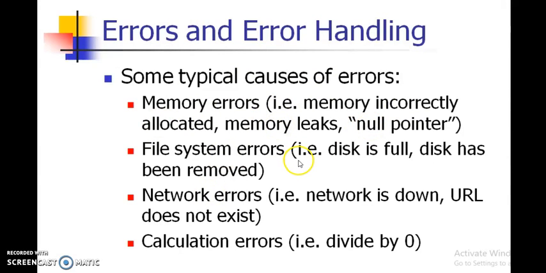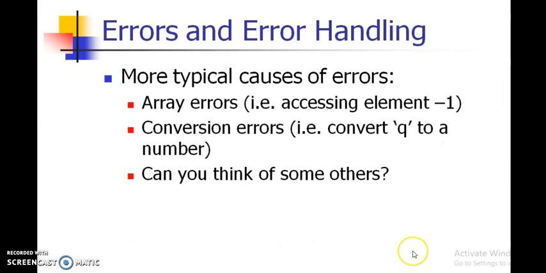File system errors, which might be caused because the disk is full or the disk has been removed. Network errors, which may be caused because the network is down or the URL does not exist. Or calculation errors, which deal with something called divide by zero. The program we are dealing with is with respect to calculation errors, that is divide by zero.